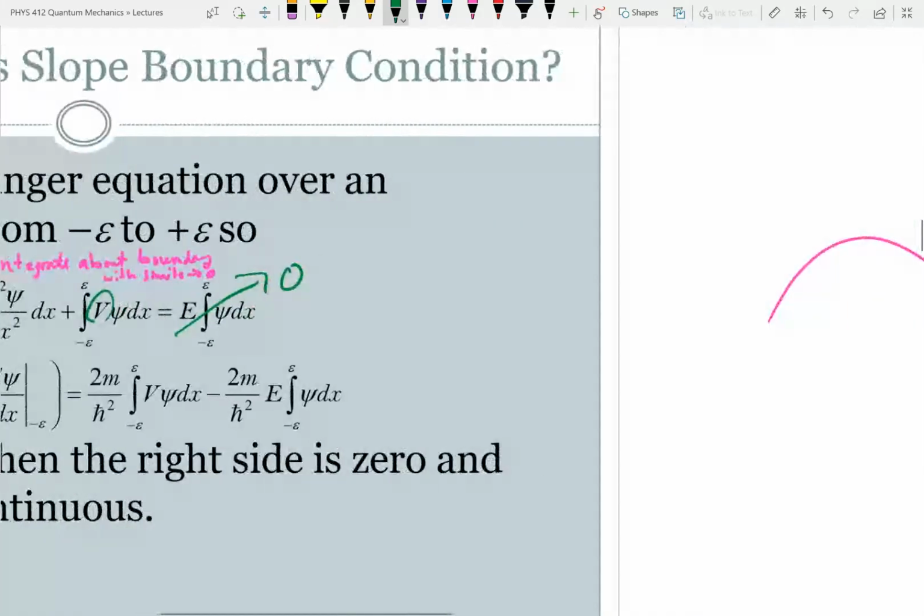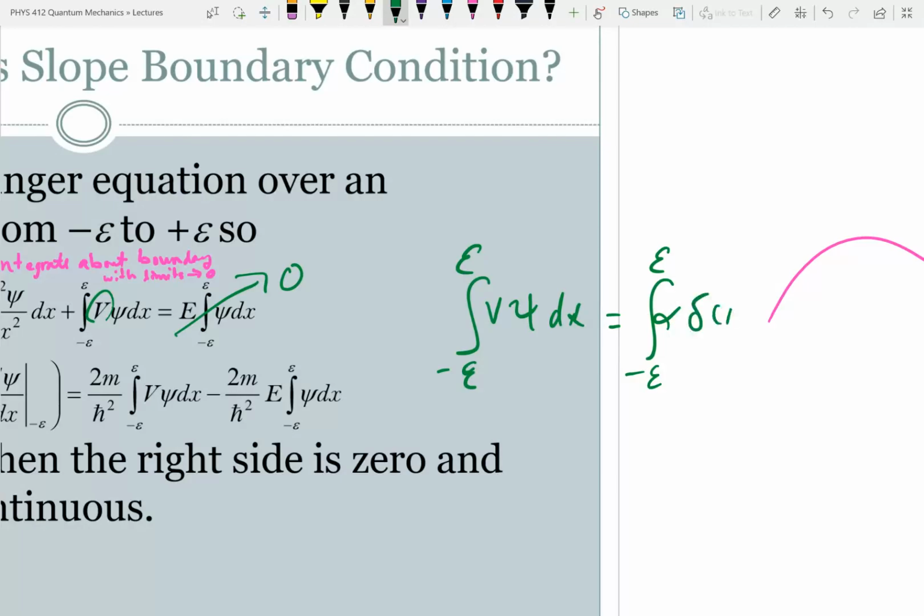And so doing that integral, the integral from minus epsilon to epsilon of v psi dx is equal to the integral from minus epsilon to epsilon of alpha times delta of x psi of x dx.